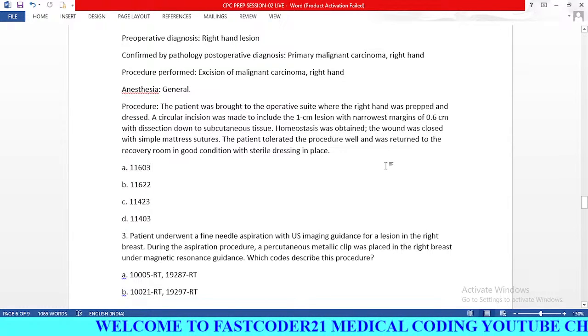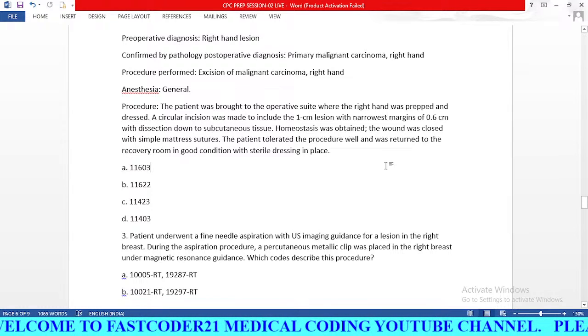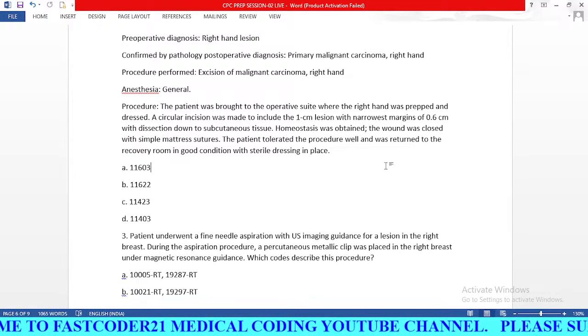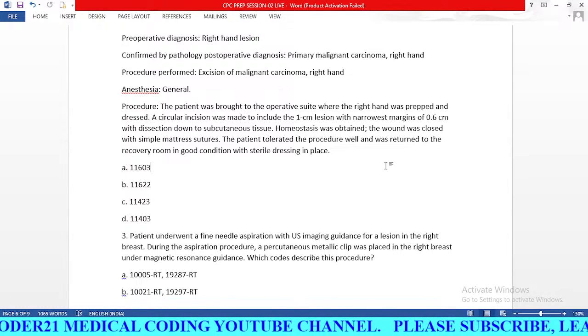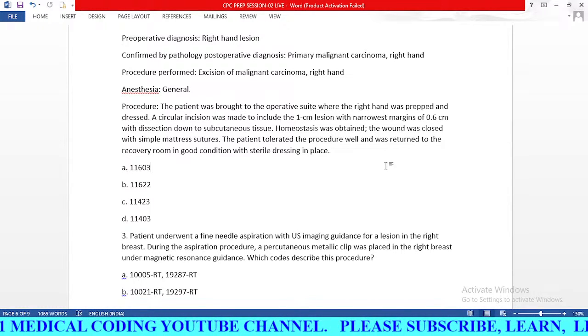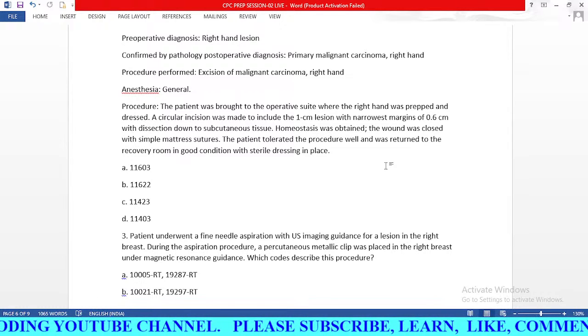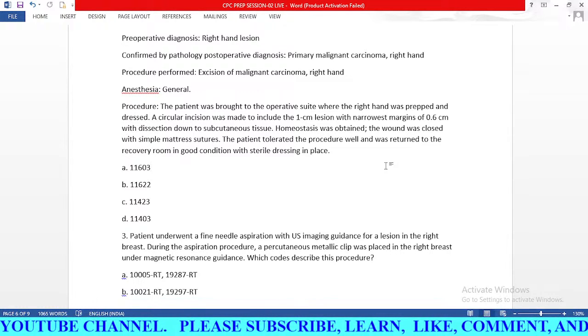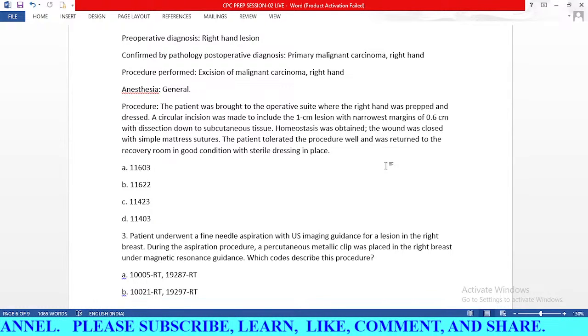Can anyone tell me what size we need to consider now? Just write in the chat box. If you don't know, I will tell you. How do you check the code now? What is the criteria to check this code? How do you code?